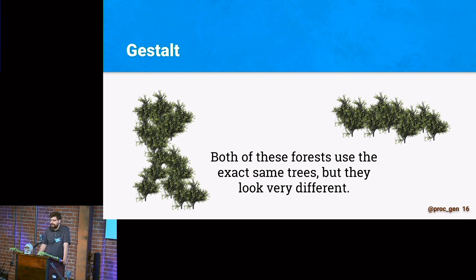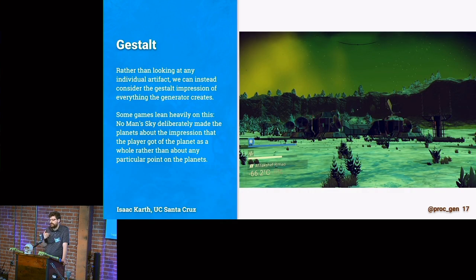So turning to the Gestalt forest side of things, the example I've been using is that even though both of these forests use the exact same trees, they look very different. And that kind of way of thinking about our generators can help us decide what we want them to exhibit.